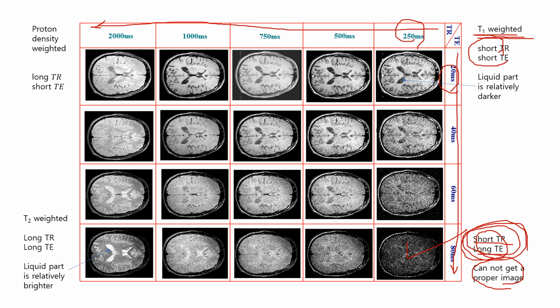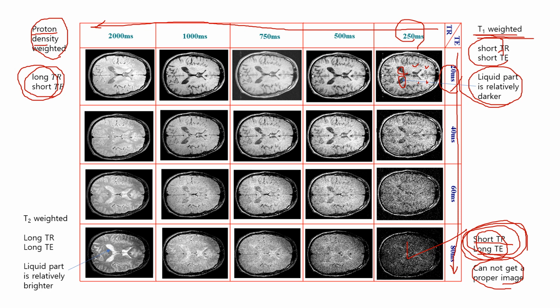In the T1 weighted image, the liquid part is relatively darker. We can check the CSF part is darker than the other parts, gray matter and white matter. Now let's see the long TR and short TE. We have a proton density weighted image.